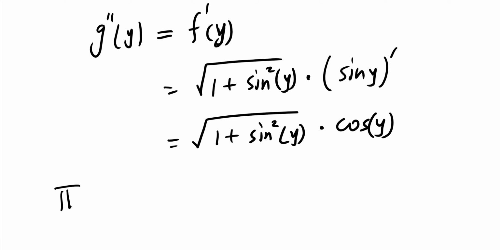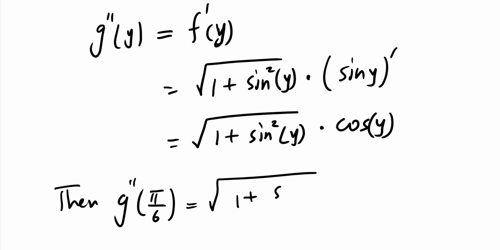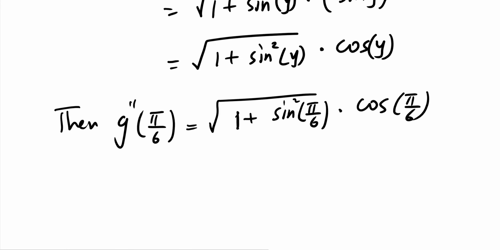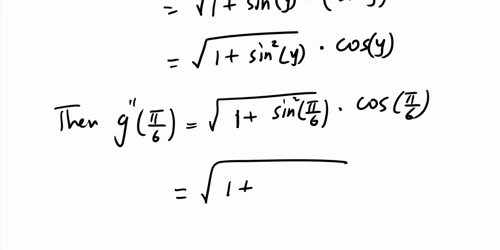Then we are asked to find the second derivative evaluated at pi over 6. All we have to do is substitute: the square root of 1 plus sine squared pi over 6, times cosine pi over 6. This equals the square root of 1 plus the sine of pi over 6, which is 1/2, squared, times cosine, which is radical 3 over 2.